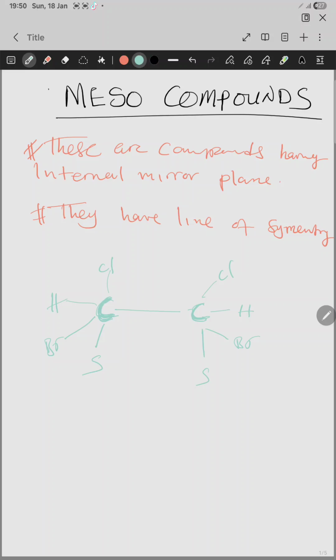We are saying that this compound is going to be termed a meso compound because it has a mirror plane. A mirror plane is where, if you cut this into two equal halves and draw a line of symmetry there, you are going to find that if you flip this part of the molecule onto the other part, it flips equally onto the other part without any space left. That is what we call a meso compound.